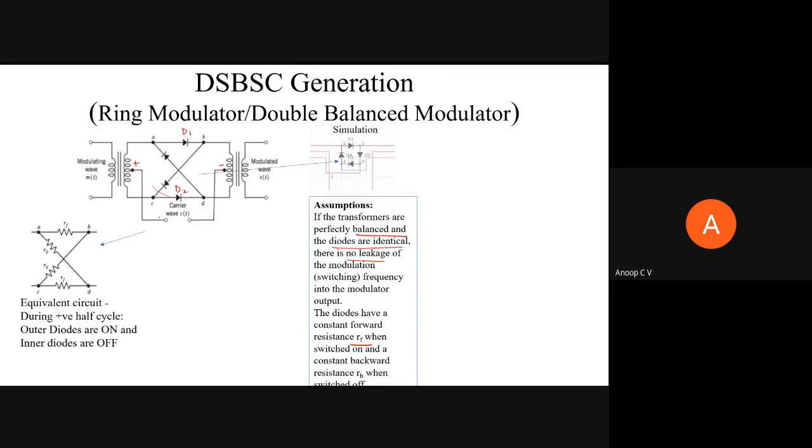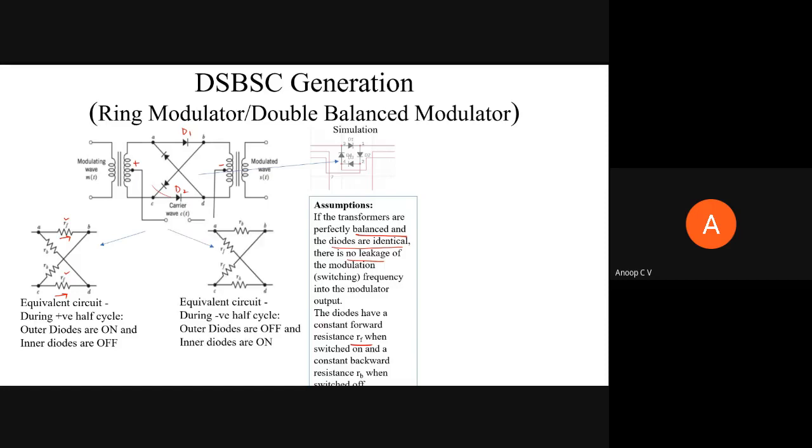So D1 and D2 will be on. We can replace the diodes which are on with the forward resistance RF, right? And you can see these two diodes will be off, so I can replace them with the reverse bias resistance, or I can replace them with an open circuit. So the current will be flowing in this direction, right?